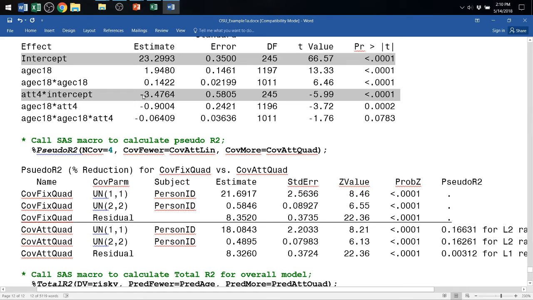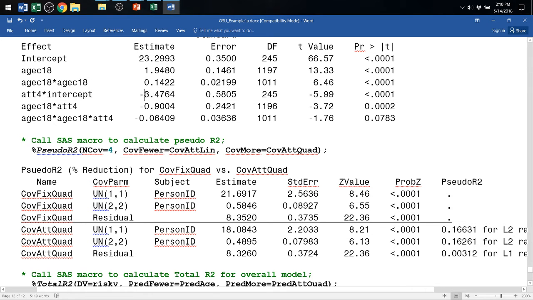Yep. Perfect. Thank you. The negative's hard to tell, but yes, that's exactly right. So it's the expected value at age 18 specifically is lower by 3.5 for every unit additional mother attitude. So less risky behavior in children of more conservative parents at 18.